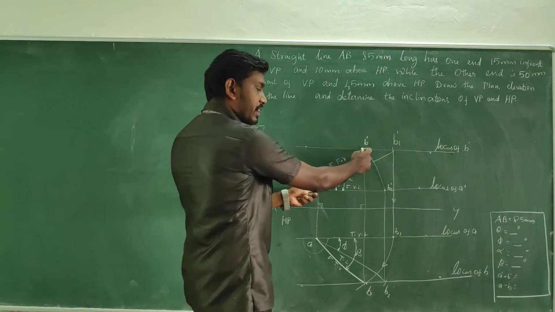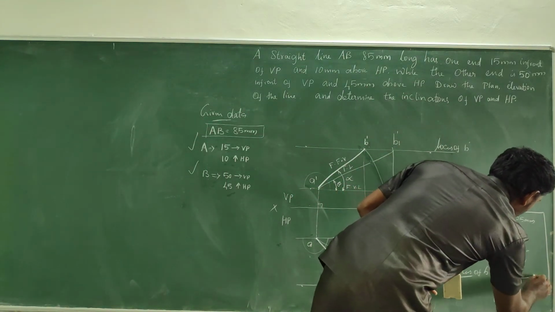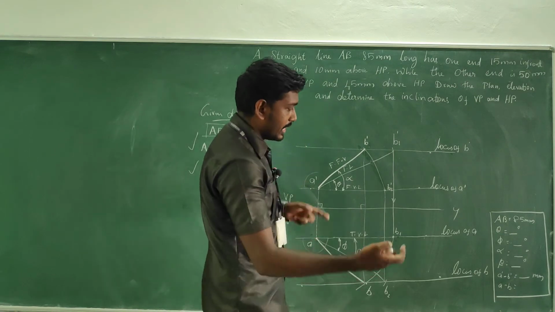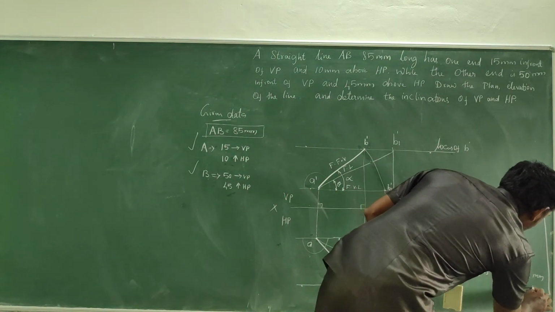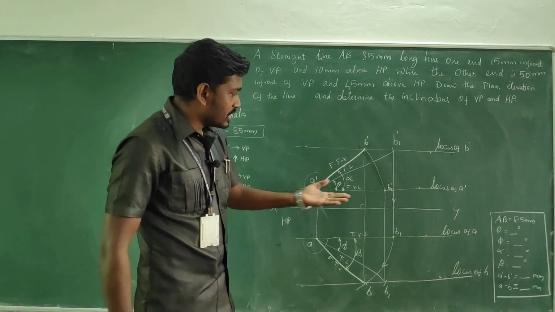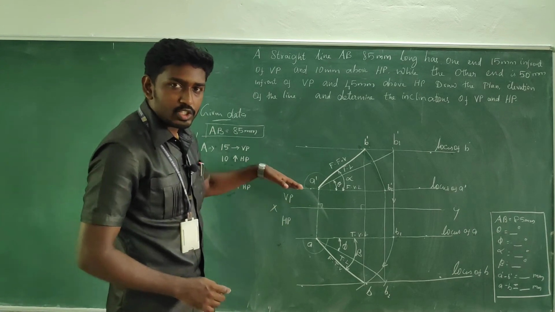So this is the final front view length. With the help of a scale, measure it and take the value in mm. In the same manner from the final top view, you can take the measurement with the help of a scale and read it in mm.